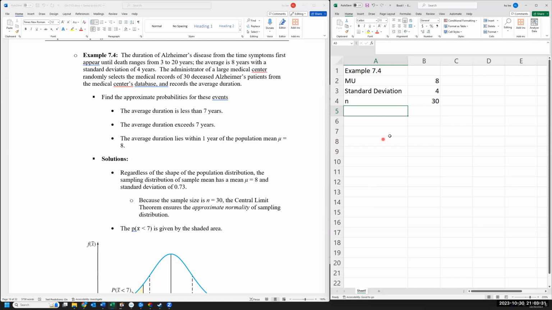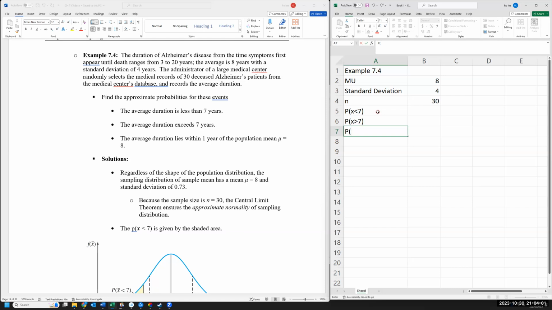They want us to find the following: the probability that x is less than 7 years, the probability that the average duration x is greater than 7 years, and the probability that the average duration lies within 1 year of 8.